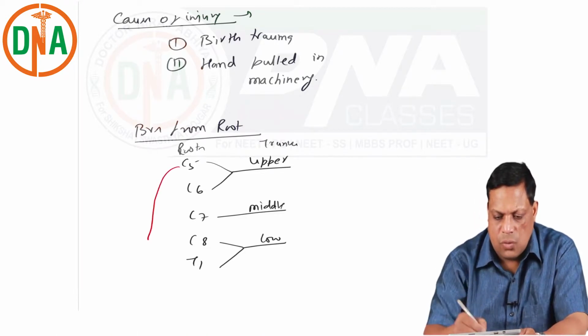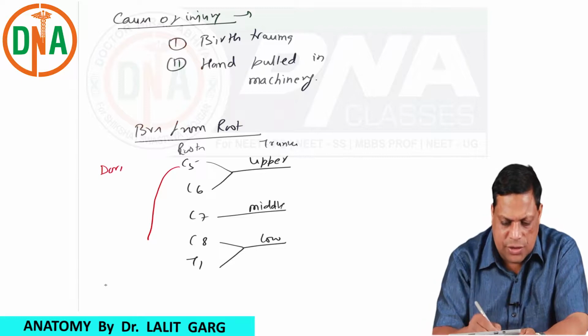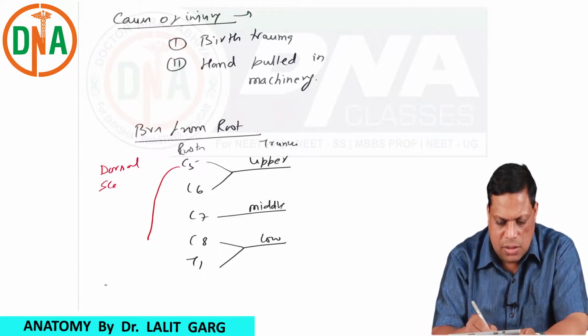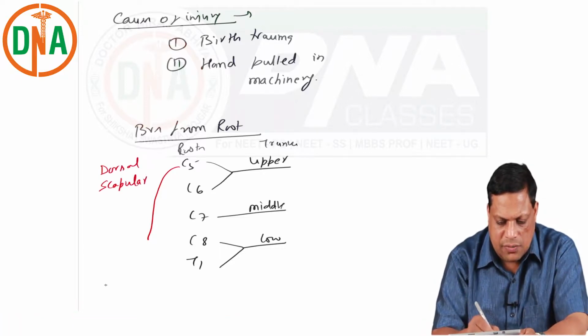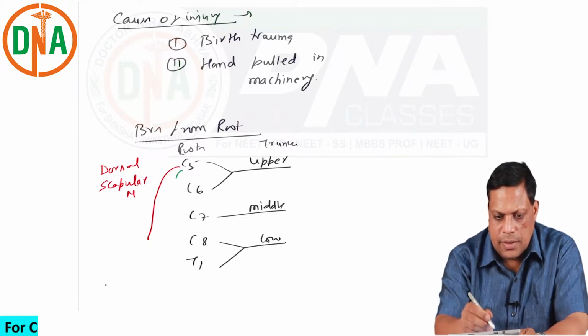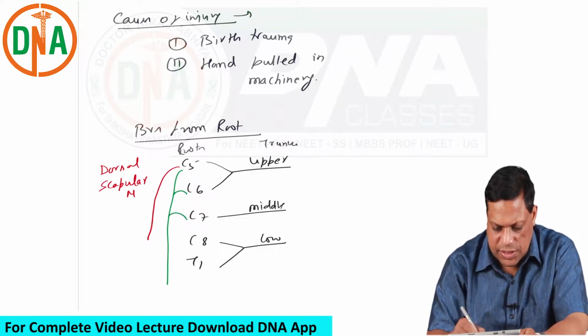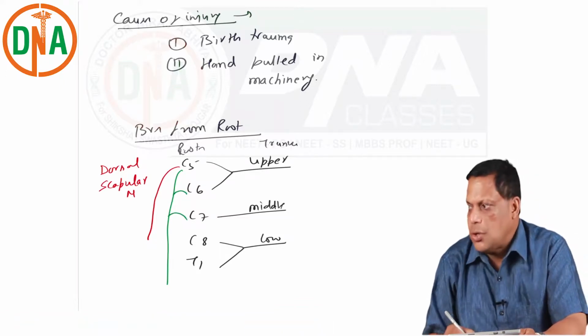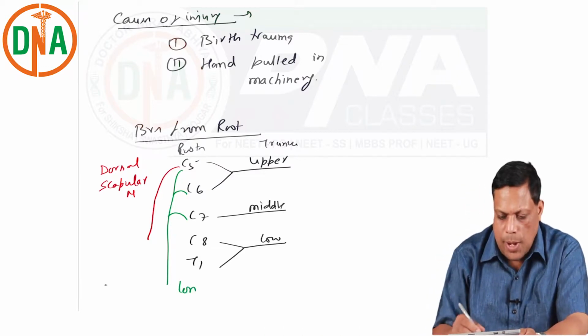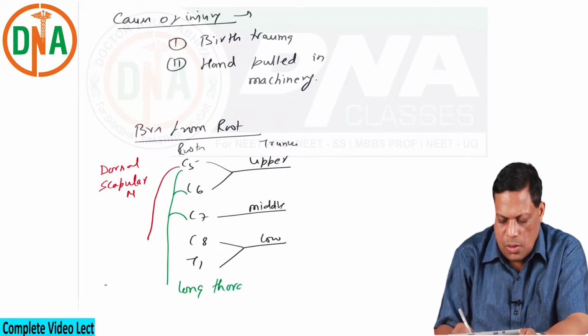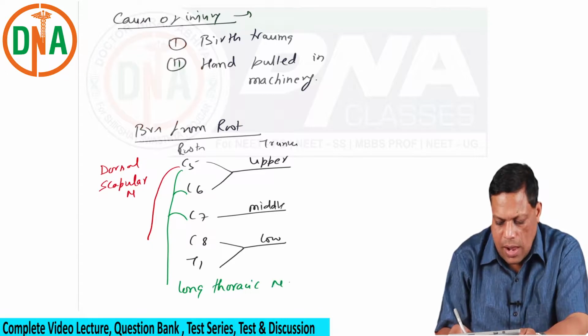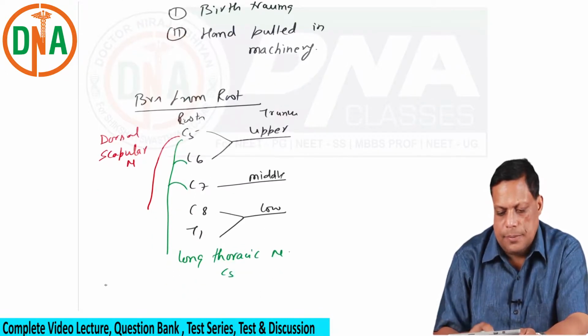This C5 root gives a branch which is known as dorsal scapular nerve. Then these three roots, C5, C6 and C7, unite to form long thoracic nerve.